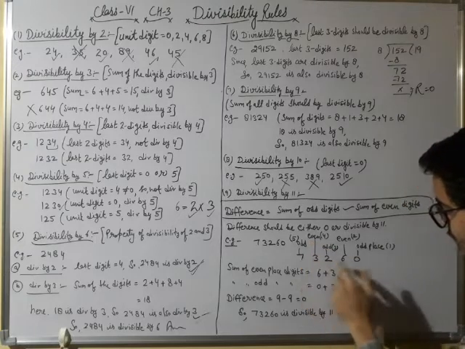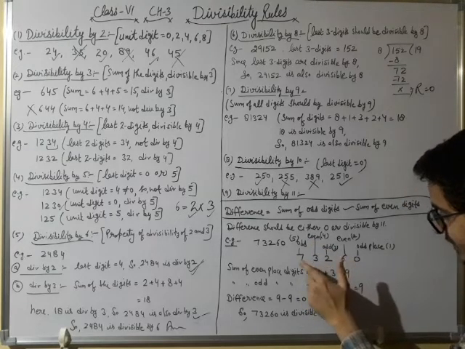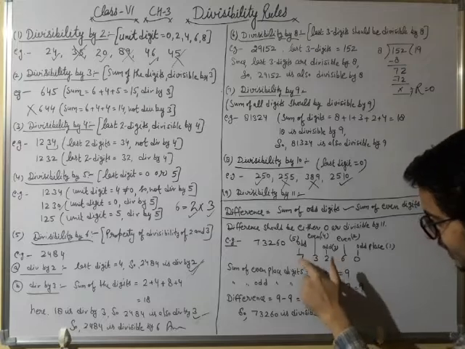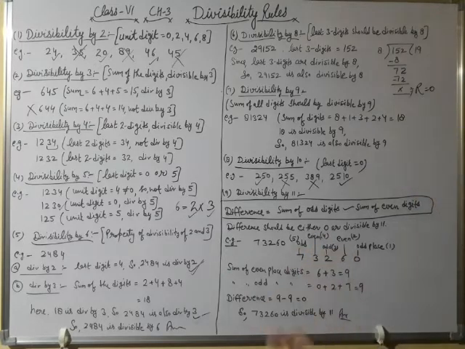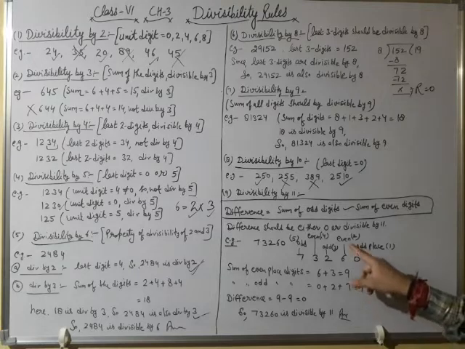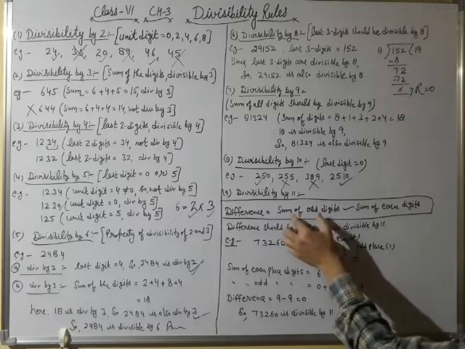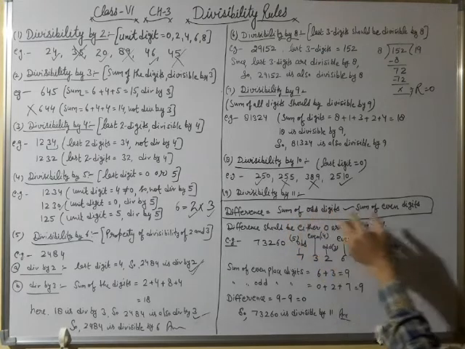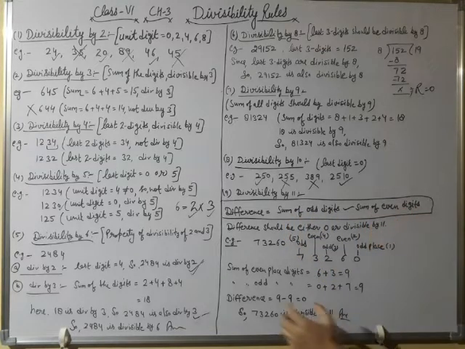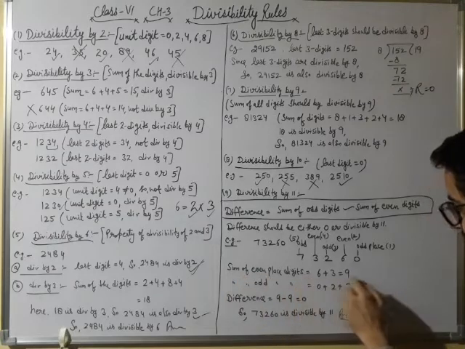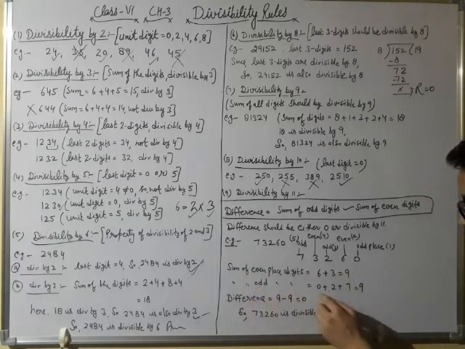And 7, 1, 2, 3, 4, 5. 7 is written at the fifth place, and 5 is an odd number. Now we have declared which digit is written at an even place and which at an odd place. Now we will find the sum of odd place digits and the sum of even place digits. So the sum of even place digits is 9 and the sum of the odd place digits is equal to 9.